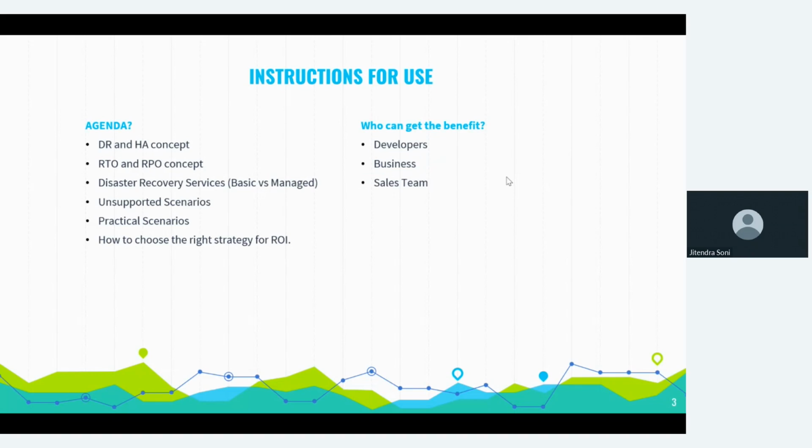Like, when something goes down, how will you make sure that within a particular time the backup system will be up and running? And the second point is, will there be any data loss and what would be the consequences? Third, we'll discuss what Sitecore offers as disaster recovery with the managed cloud.